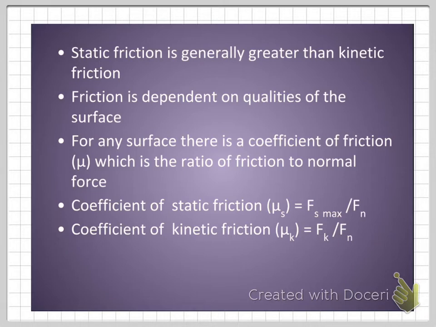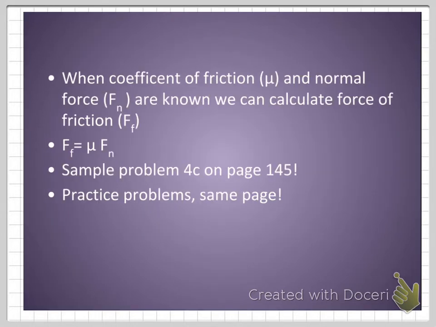Mu k is equal to kinetic friction divided by normal force. Anytime we know the coefficient of friction and normal force, we can calculate the force of friction. We'll do a sample problem together on 4C, and then I'll assign you some practice.